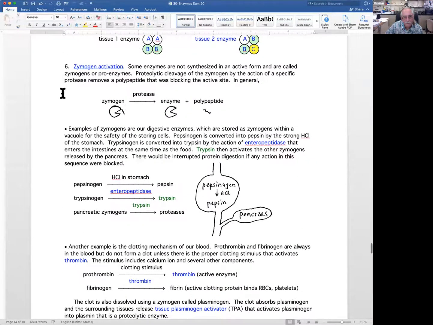And then zymogen activation. You take these proteolytic enzymes over here, it would be pretty dangerous for you to be a cell, and your job is to hold these proteolytic enzymes. Because if they were to get loose inside you, they're going to eat you.